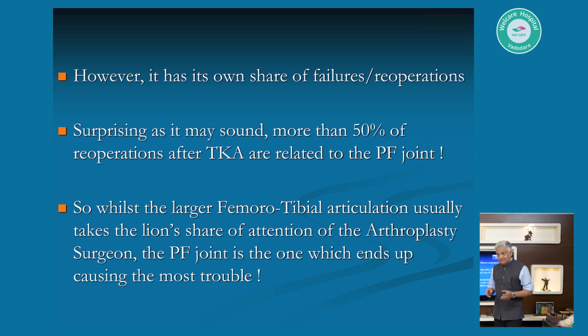And yet, the focus on the understanding of patellofemoral joint kinematics is relatively small compared to the other aspects of arthroplasty discussions. So whilst the largest femorotibial articulation usually takes the lion's share of attention, the PF joint is the one which ends up causing the most trouble.